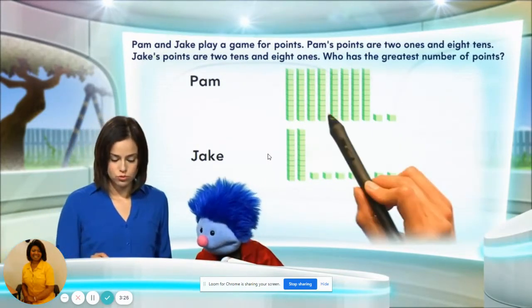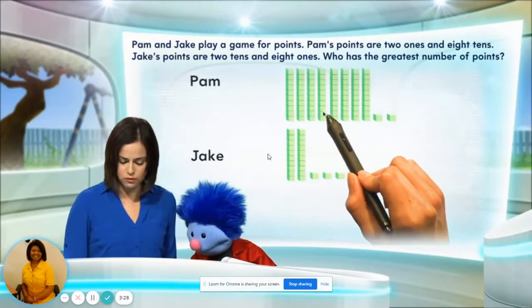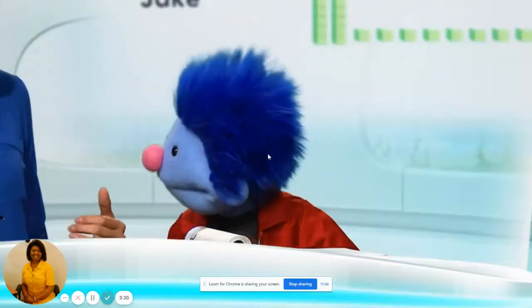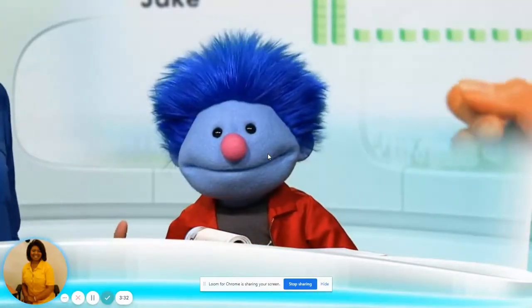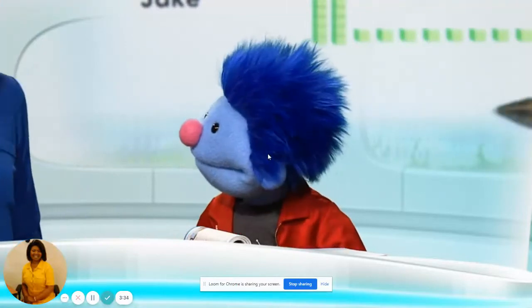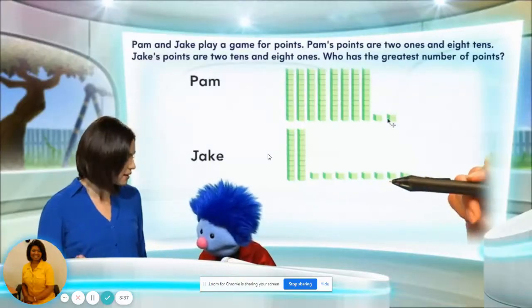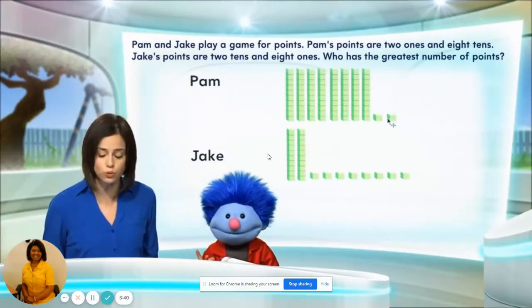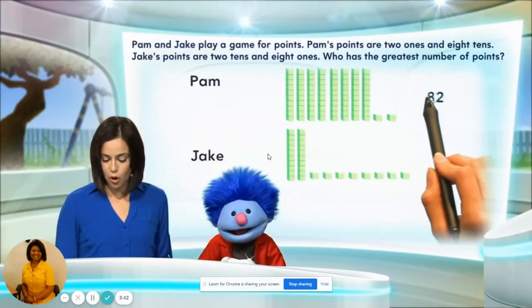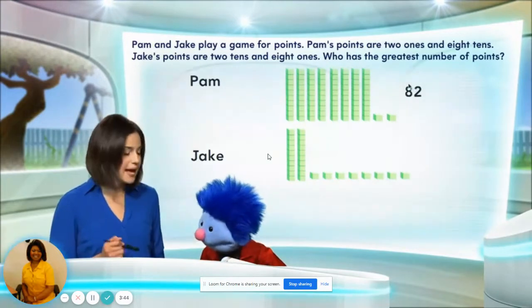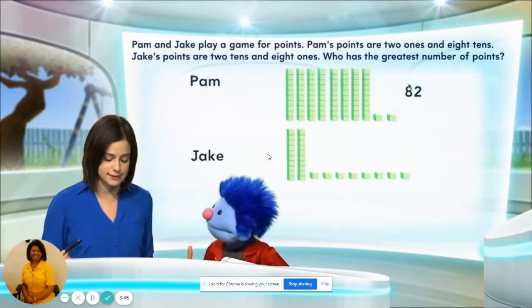Now, 1, 2, 3, 4, 5, 6, 7, 8 tens. 8 tens. That makes 80. It does. It does. And 2 ones. That makes 82. 82. So Pam has 82 points.